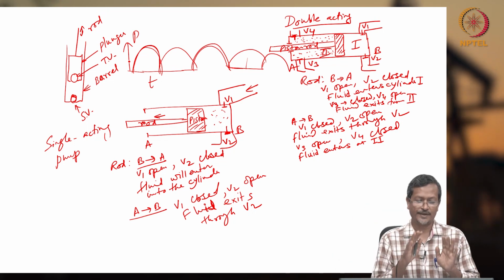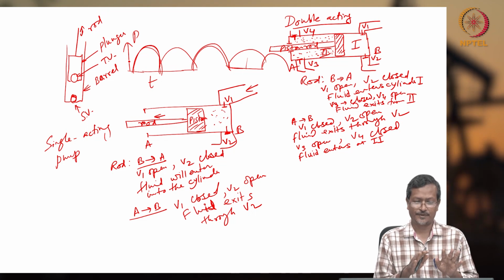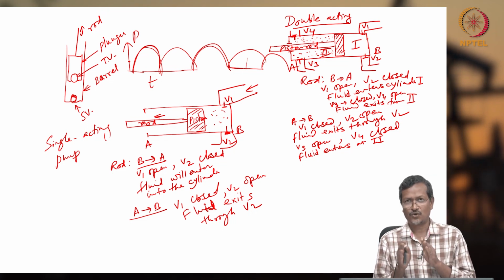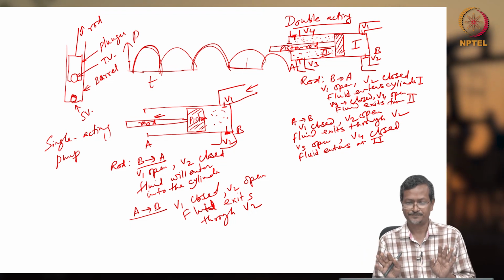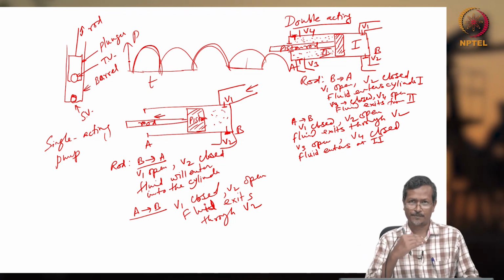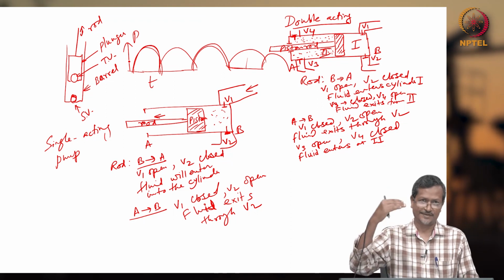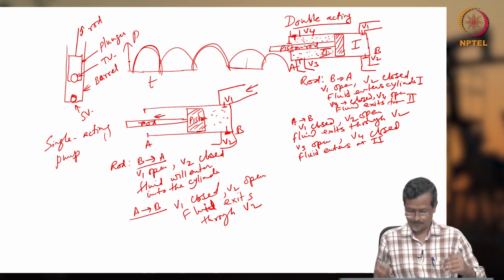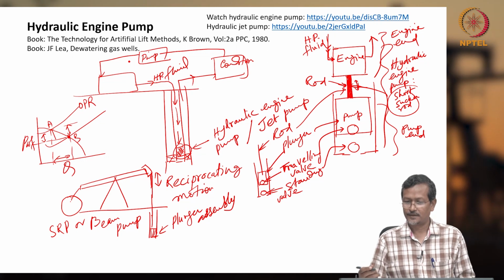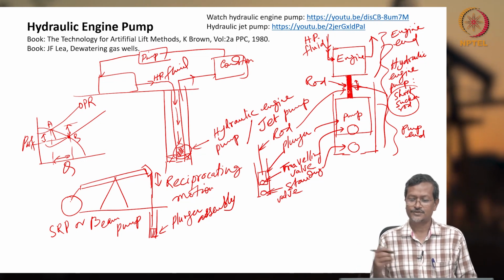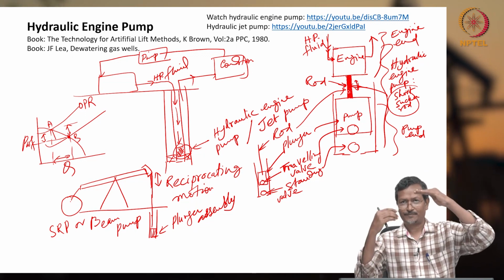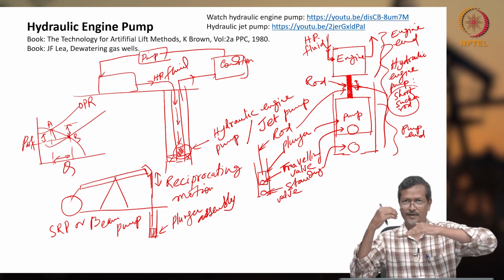But anyway, for my hydraulic engine pump, normally a single stroke or double stroke engine can be used, or a single stroke pump, double stroke pump can also be used, so that you can get one pulse, two pulses continuously when the piston is moving up. This red color rod I have drawn here is moving up, pump is delivering, rod moving again, pump delivering.